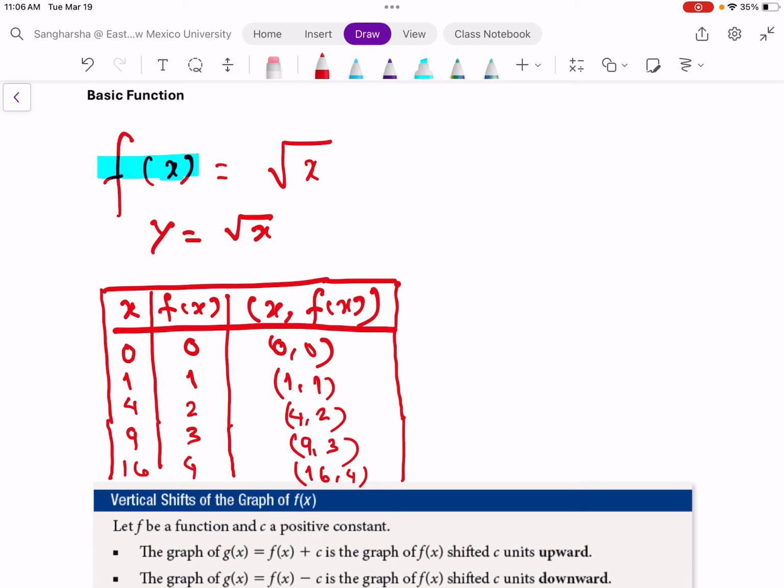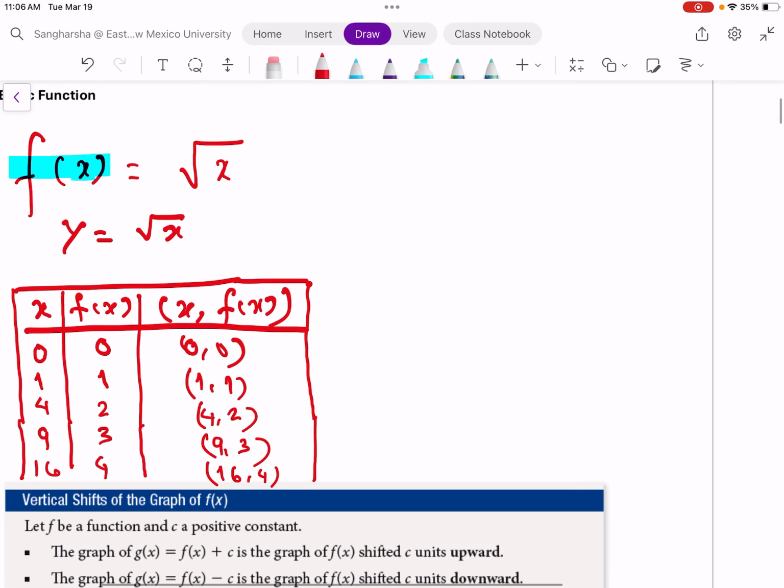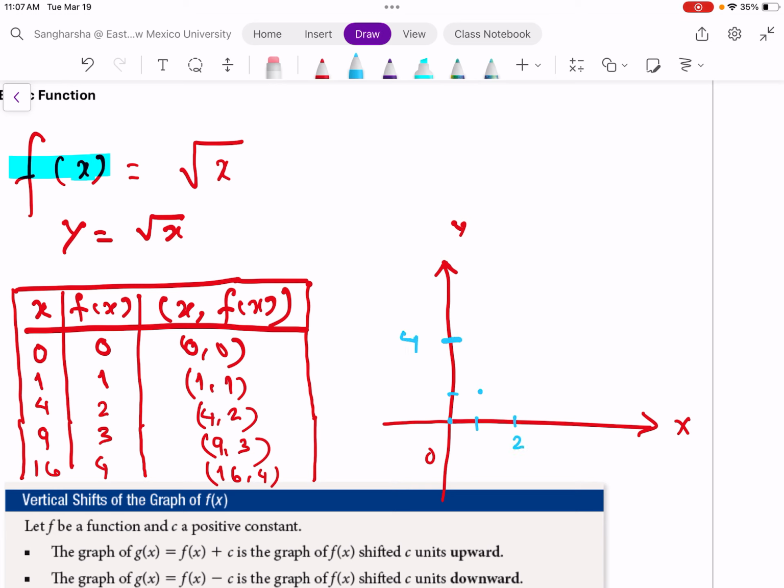Okay, let's go ahead and graph this function. So in order to graph, we need our x-axis, we need the y-axis. So this is the origin. So we have (0, 0). So this is 1, this is 1. So we have (1, 1). This is 2.